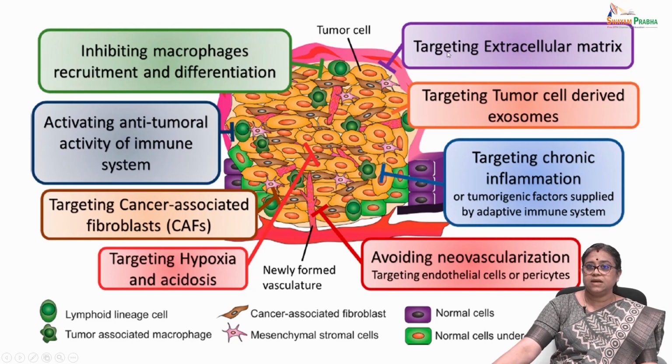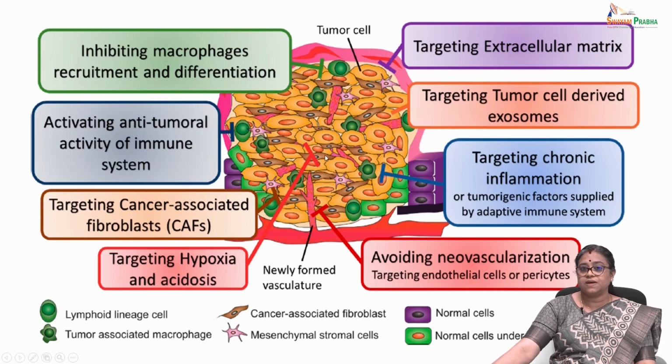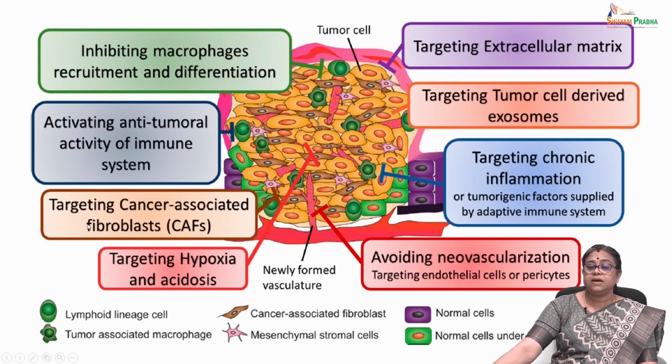One could target the extracellular matrix. We can target the tumor cell derived exosomes. We can target the chronic inflammation or the tumorigenic factors which are supplied by the adaptive immune system. We can have targets which can avoid neovascularization; we can target the endothelial cells or the pericytes, targeting the hypoxia and the acidosis which is associated, and targeting the cancer associated fibroblasts.